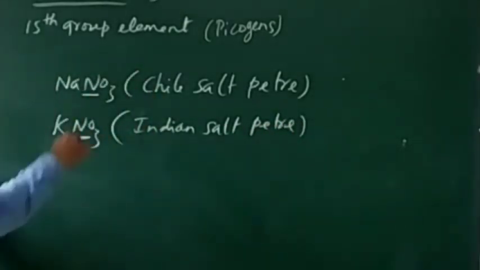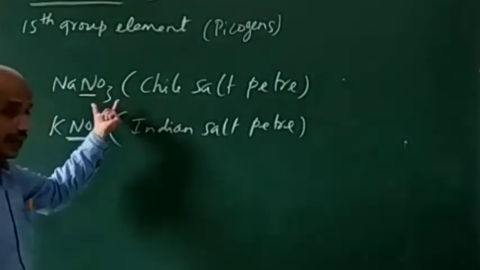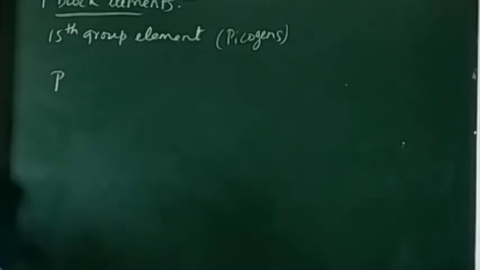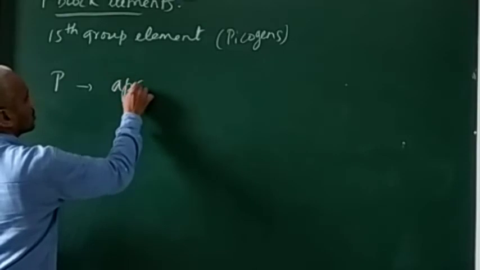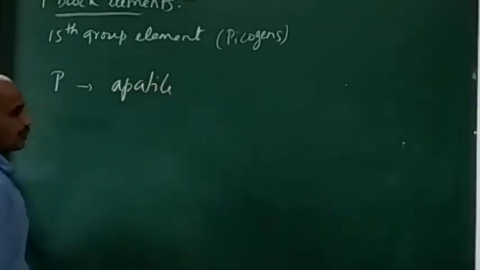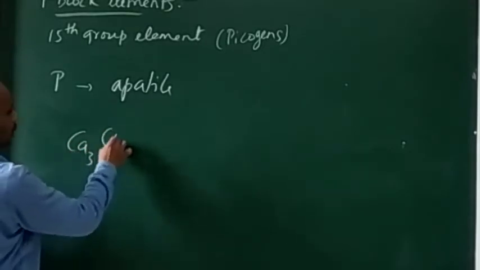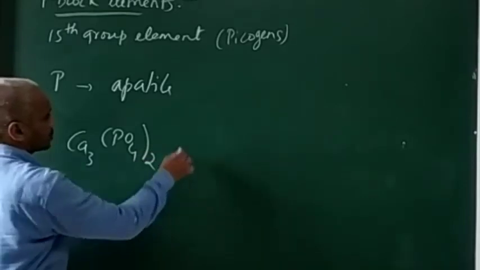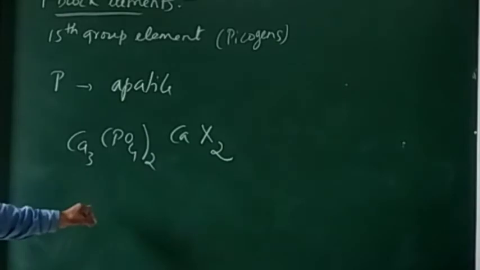Again, nitrogen is there. Sometimes a competitive exam question can be there, like among these, which does not have nitrogen? One is apatite. What is apatite? Ca3(PO4)2 times CaX2. This is the general formula of apatite.